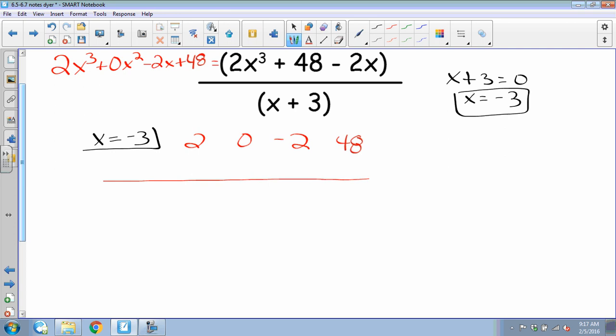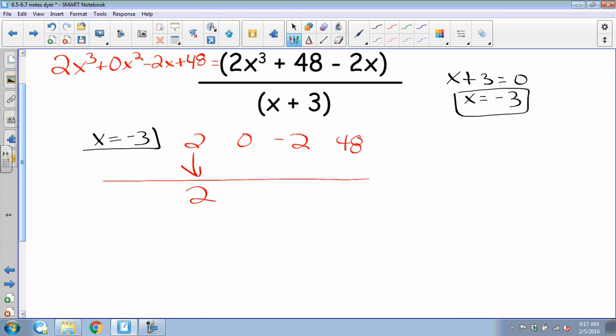Okay, so we put our solution that we're testing. We write our coefficients of our polynomial. Now, wash, rinse, repeat. Okay, so bring down the first number. Everything underneath this line gets multiplied to our solution.